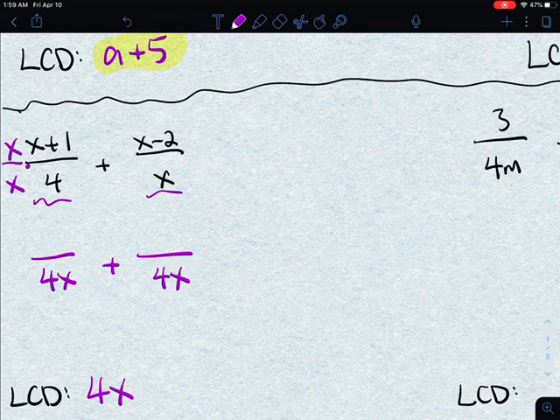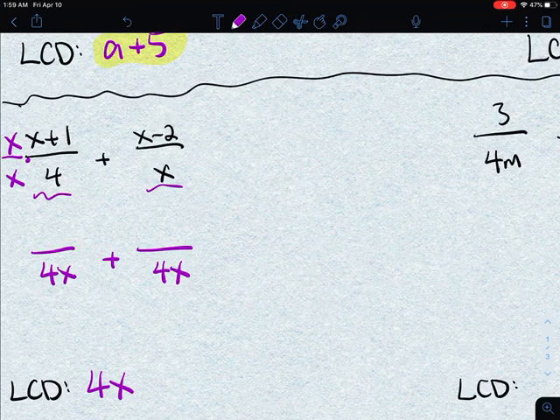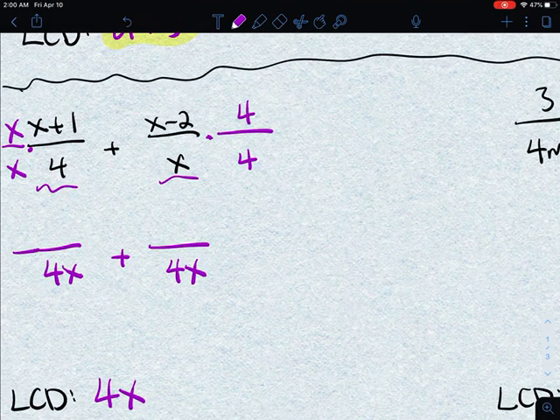So same thing, but here we're not multiplying numbers, we're multiplying with a variable, so x over x. And then on this side, what do I need to multiply x by to get to 4x? Well, that's going to be 4 over 4. Again, the idea is the same, but with variables it might be tricky at first because we're not used to working with variables when we add and subtract.